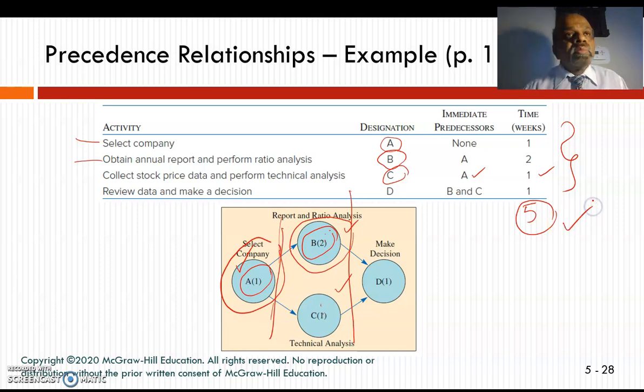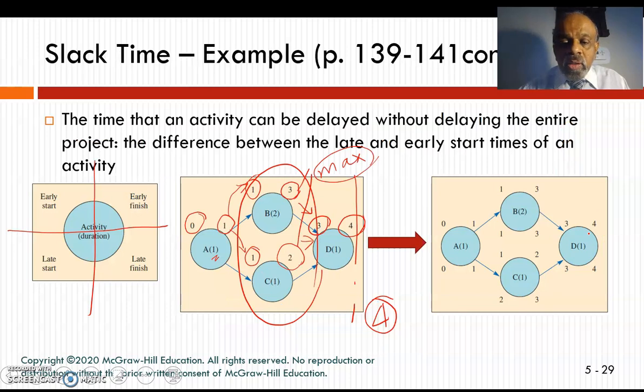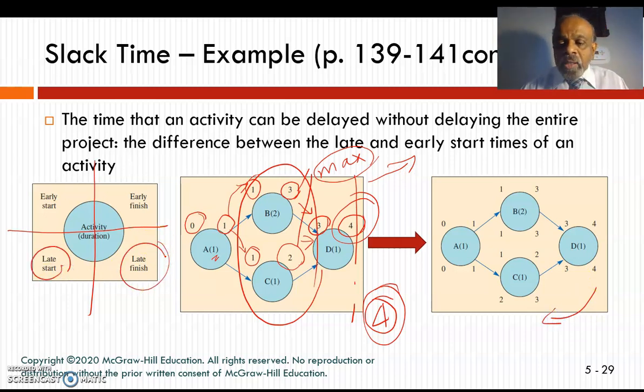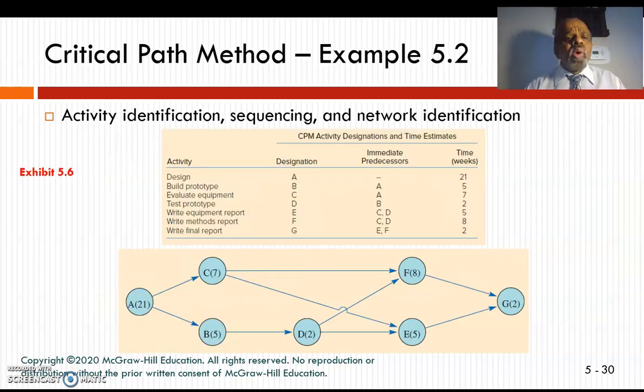So instead of 5, I can do this in 4 weeks. Okay? This is called the forward chain. I can do a backward chain to get my late start and a late finish. And that backward chain will confirm whether I can finish this in 4 weeks. And this is how you do a network analysis.